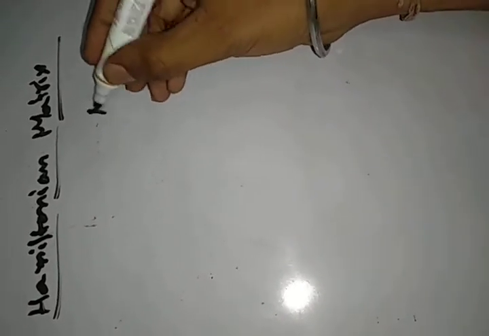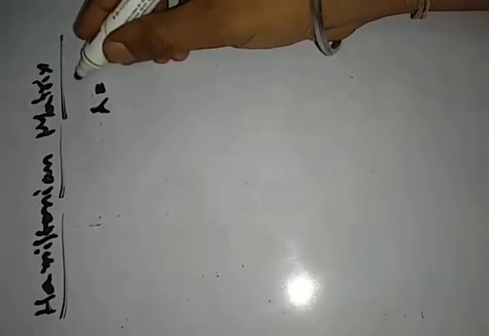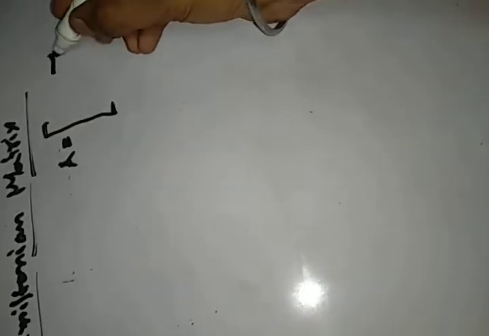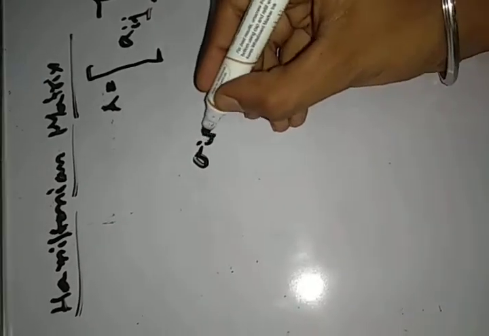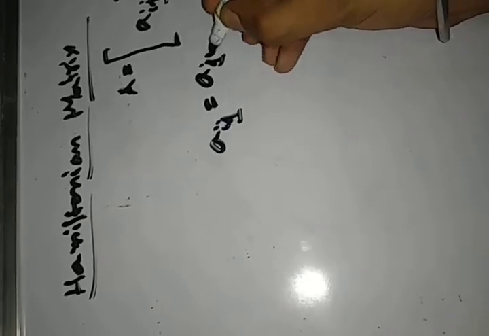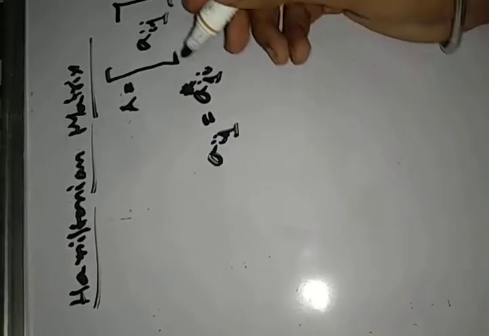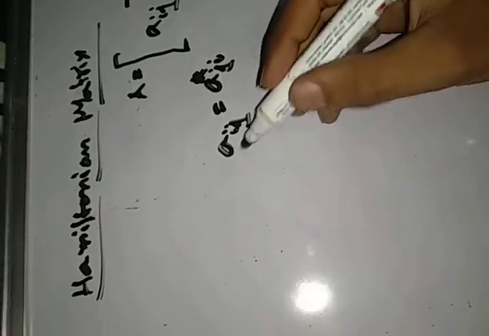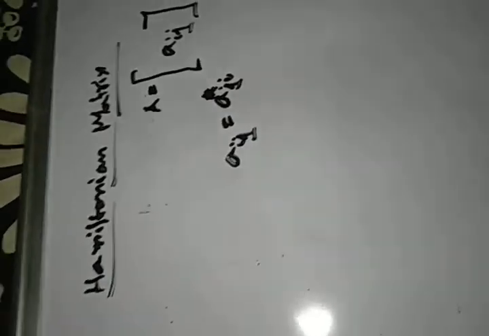Say the matrix is A and it is represented likewise, then Aij equals Aji star, or the complex conjugate of Aji is Aij. So this is the idea of the Hermitian matrix.